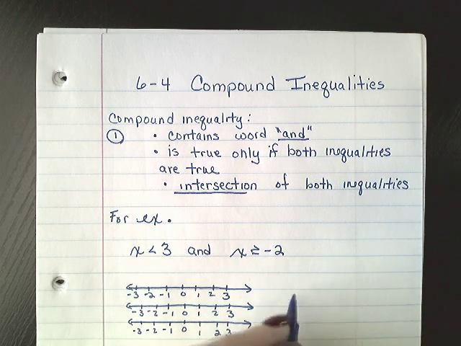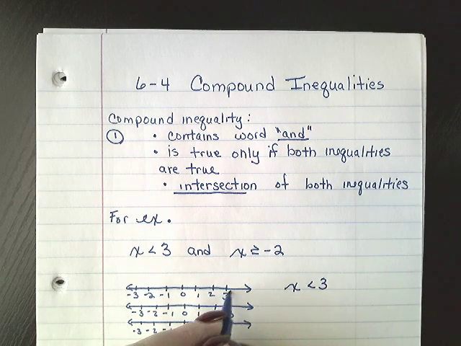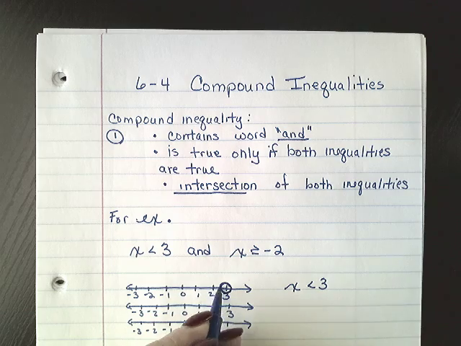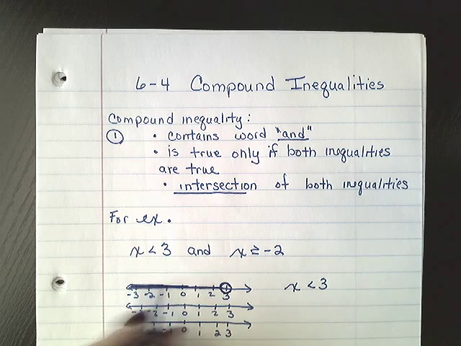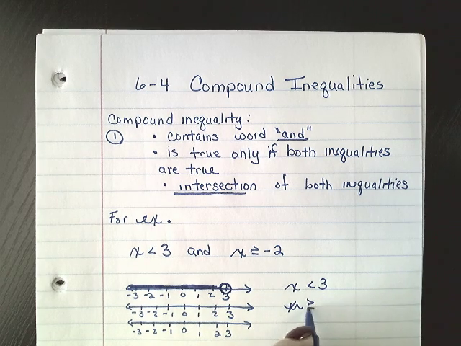Okay, so the first one is going to be x is less than 3. So we know it's an open circle, and we're going to shade to the left. Okay, the second one, x is greater than or equal to negative 2. So we go to negative 2.